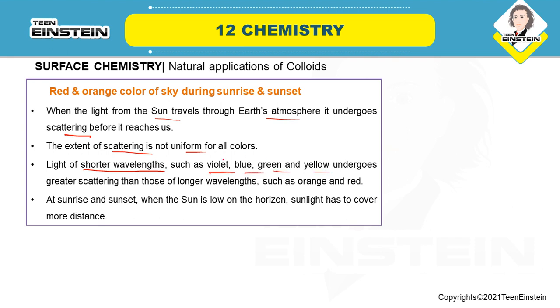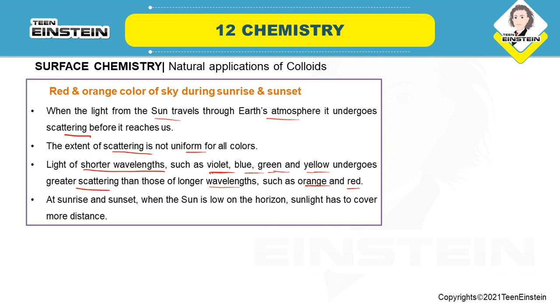So as we are moving, violet and blue are higher energetic even compared to green and yellow. So for this type of short wavelength color, what happens? There is a higher amount of scattering compared to longer wavelength color, that is, low energy, orange, red, like this. So scatterings are not the same for higher wavelength and shorter wavelength color.